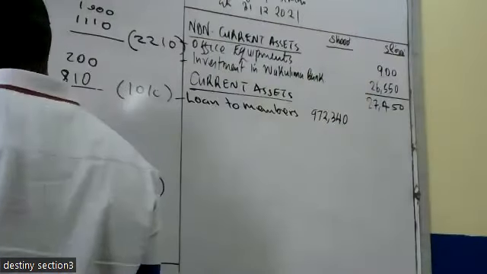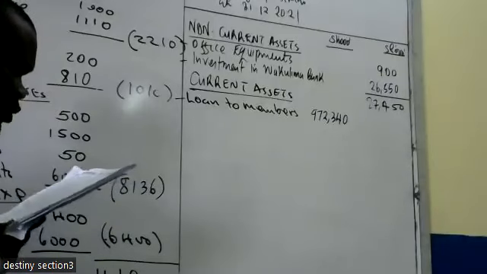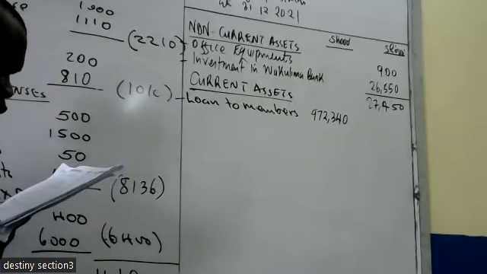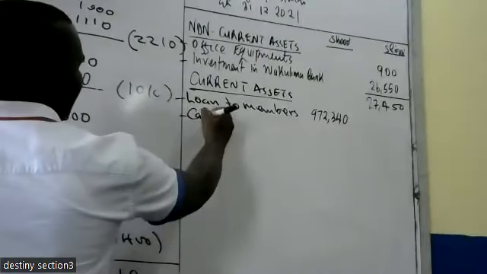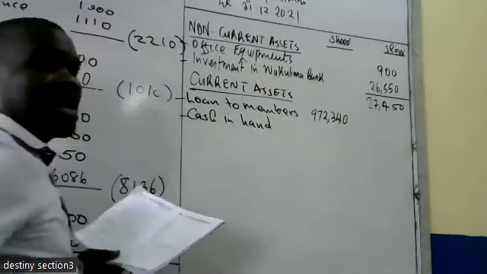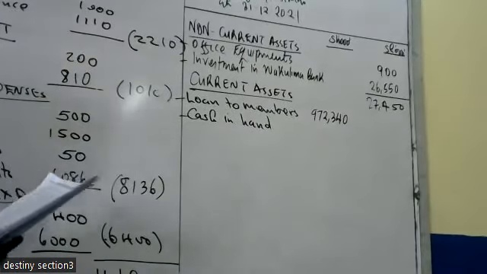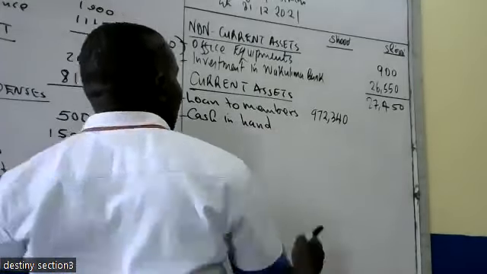972, 340. Go slowly, there are some. Down there, cash in hand. So cash in hand, that is how much? 540.